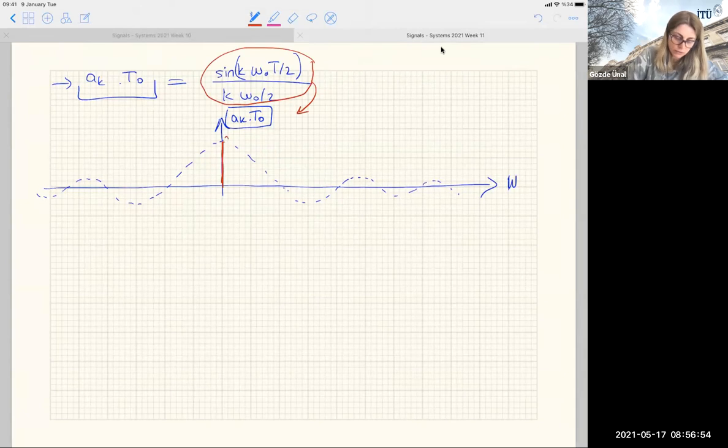This is a_0 T0. So that's 0, then ω0, 2ω0, I'm just making this up, then 4ω0. Of course, depending on ω0, it's going to have different frequency positions here. Here also it should be symmetric.